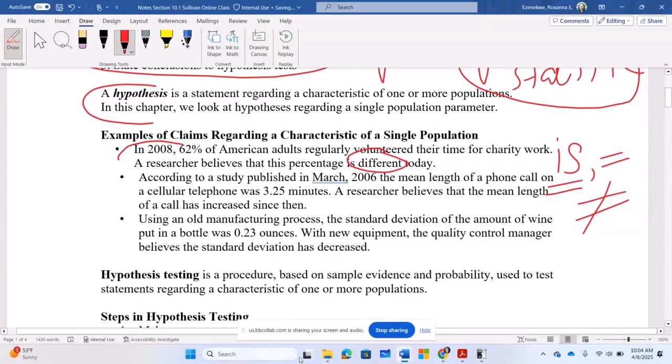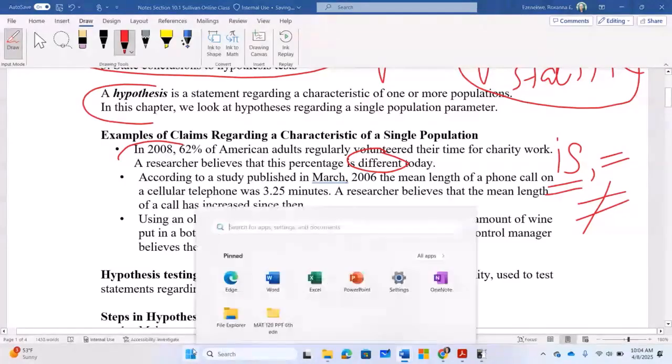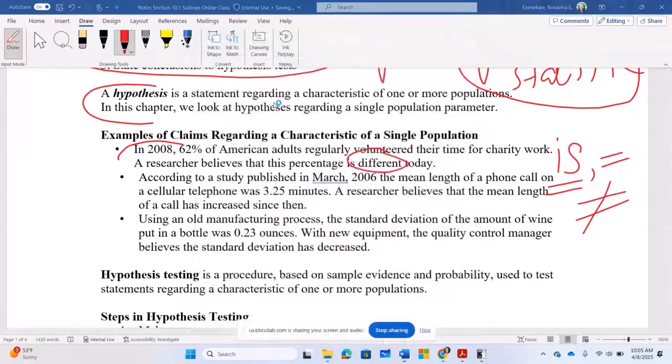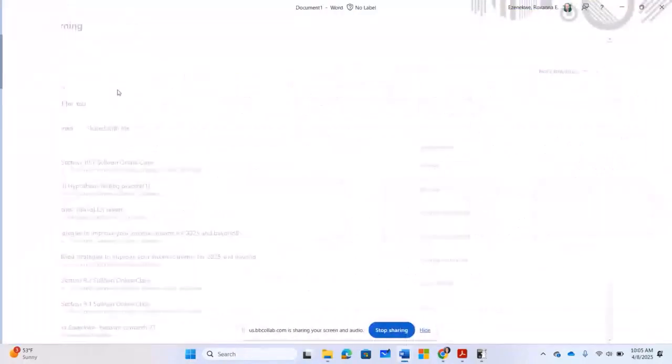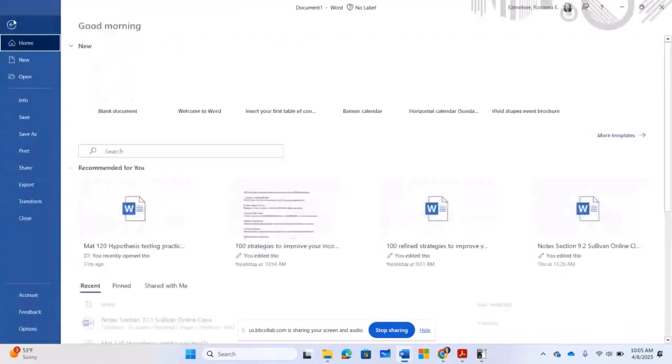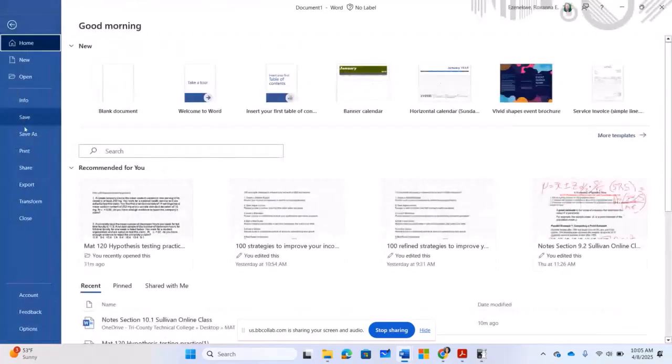So I'm going to open another, let me get another. Okay. And then, so now I want to write the 6 steps in hypothesis testing here. So I'm going to write the examples here.